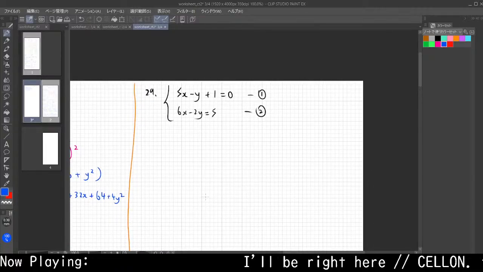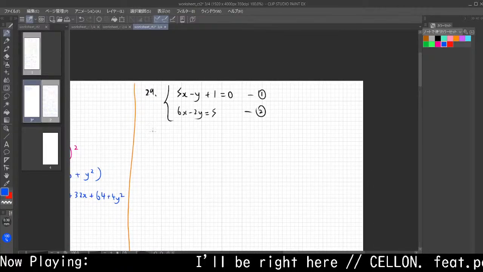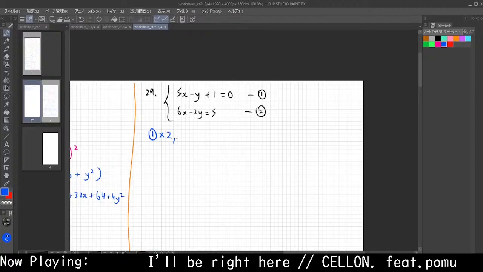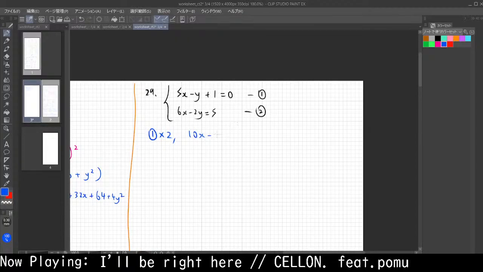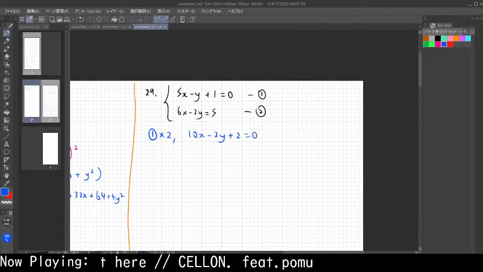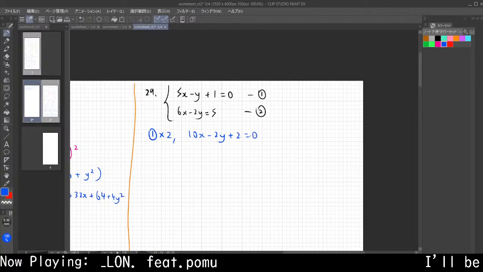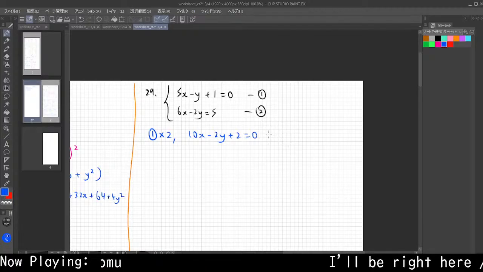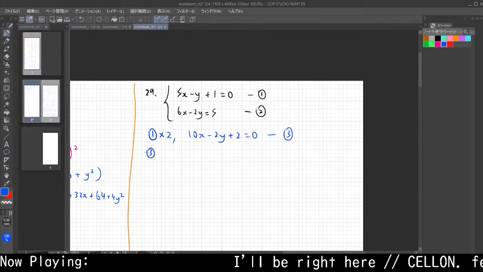Okay, so the idea is that if you have 2 lines and they intersect at a certain point, the coordinates of this point can be found by solving the simultaneous equation between them.